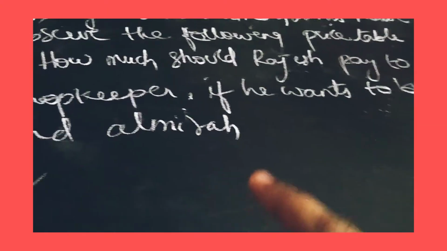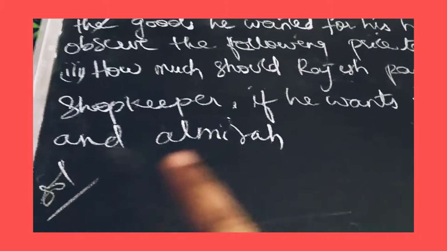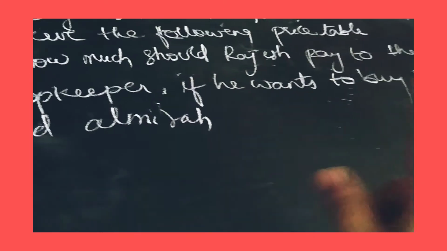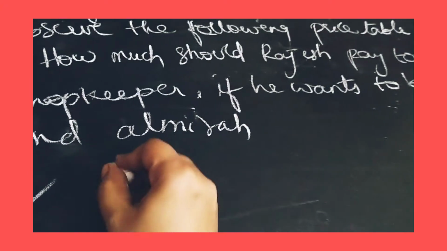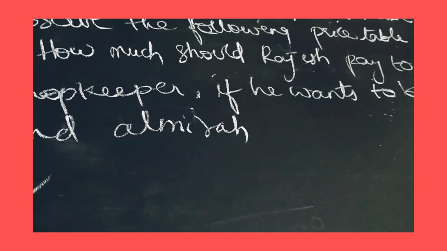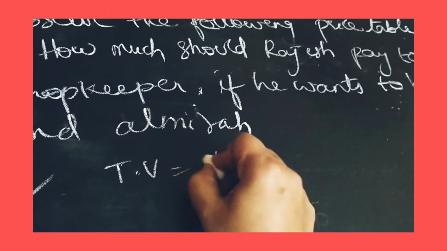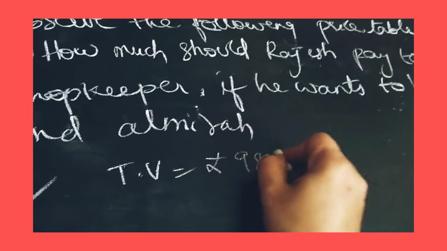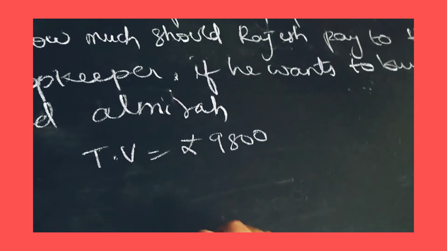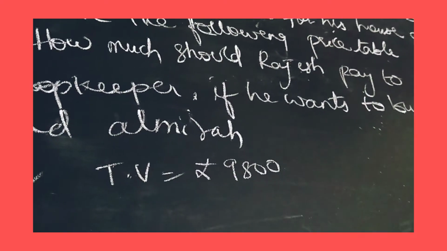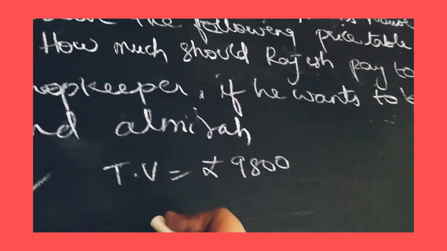The third bit is how much should Rajesh pay to the shopkeeper if he wants to buy TV and almirah. Here TV. What is the price of TV again? It is rupees 9,800. Okay, so what is the price of almirah?